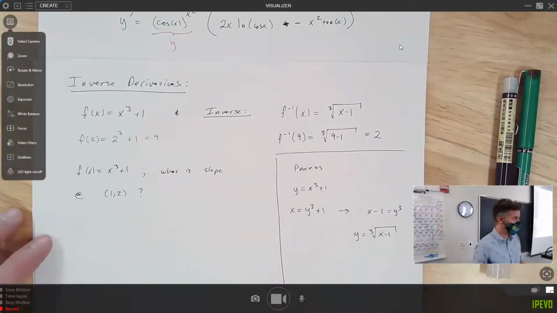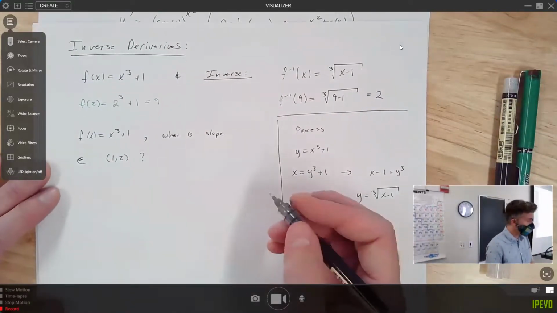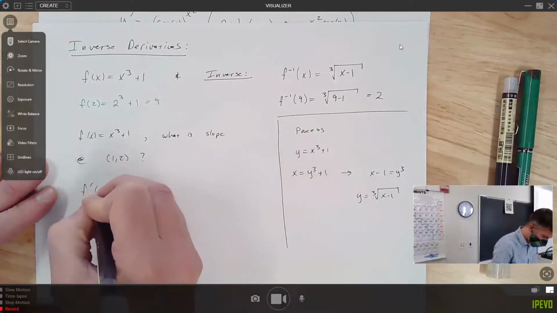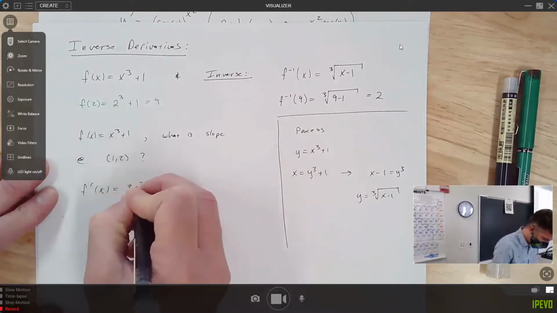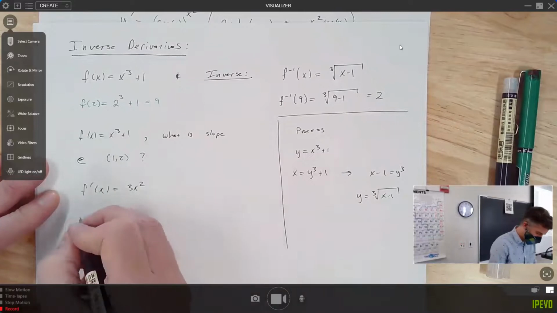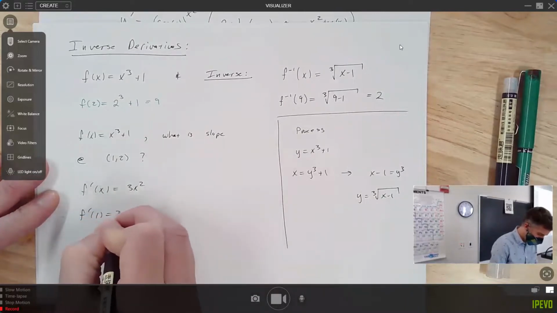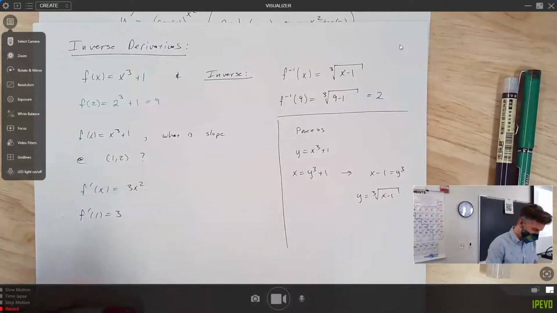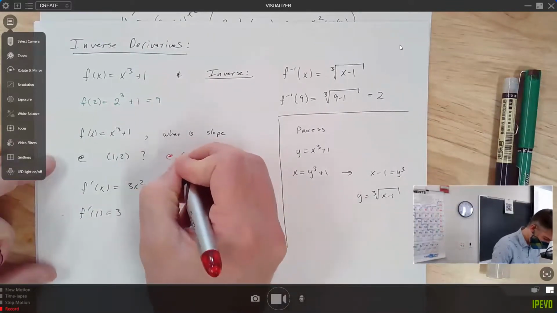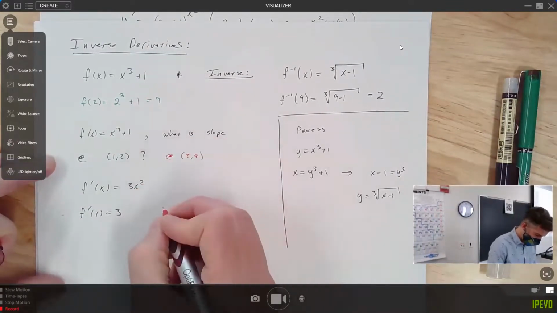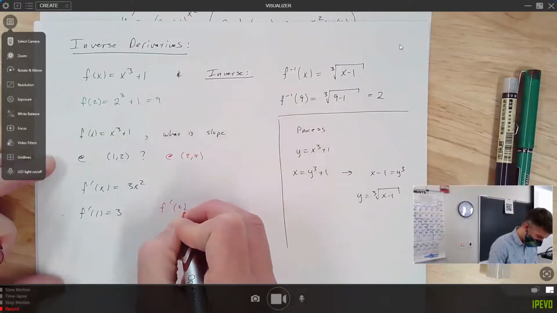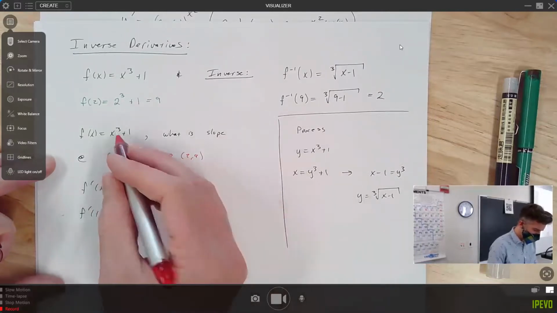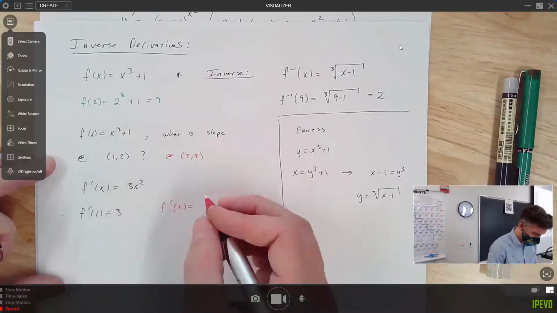That seems like an interesting question to answer. Well, I can find the derivative. It's 3x squared. If I plug in 1, f prime of 1 is 3. And I could also ask the question at 2, 9. At 2, 9, the slope would be f prime of 2, which is 3 times 2 squared, which is 12.